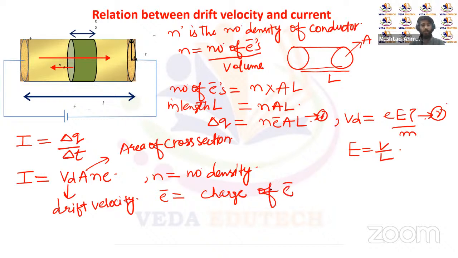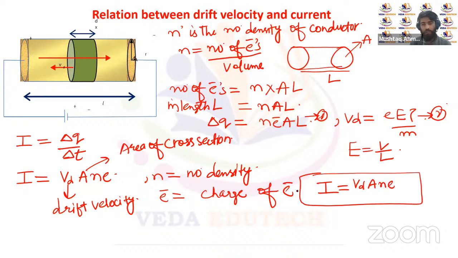So this is how we find the current, because of the relation between the current and the drift velocity. Current is the drift velocity times area into number density multiplied by the charge of electron. So we can write this relation: the current is V D A N E, where E is the charge of electron.